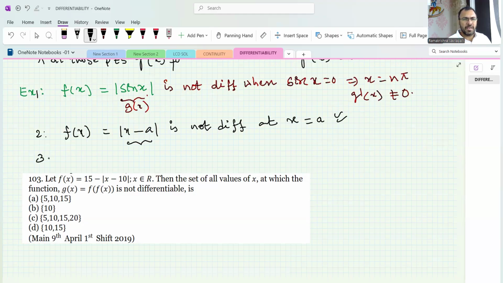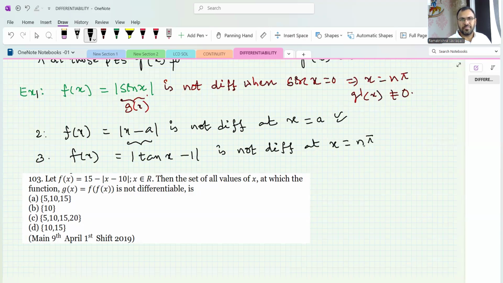Or say f of x equal to modulus of tan x minus 1 is not differentiable at x equal to n pi by 4.